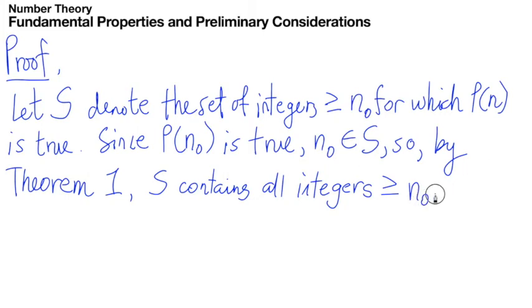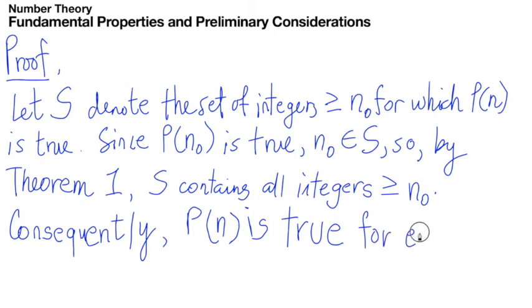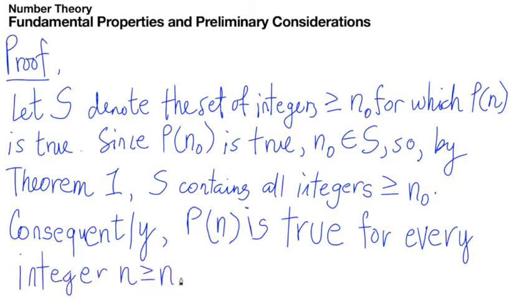And consequently, P of n is true for every integer n which is greater than or equal to n sub 0. So that ends the proof.